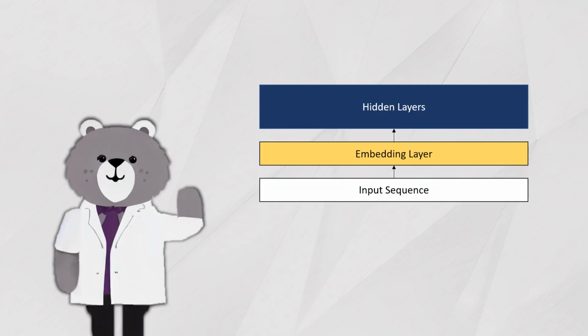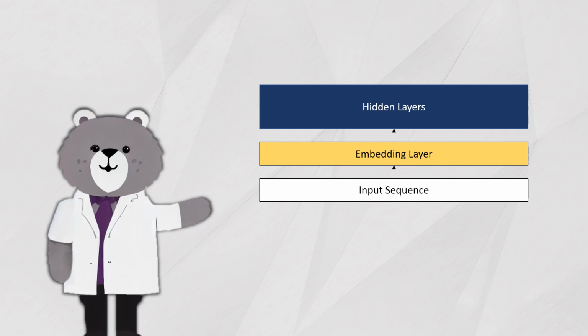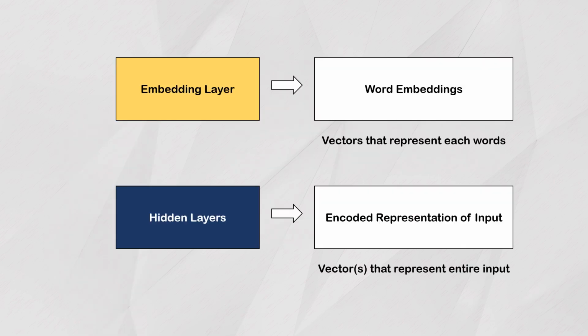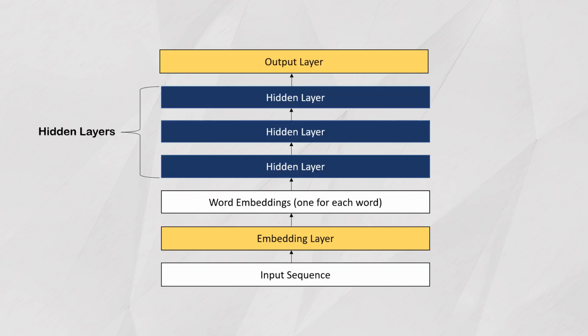The next component of a language model, after the model's embedding layer, is typically hidden layers. The hidden layers of a language model do the heavy lifting. These hidden layers serve the purpose of further encoding our input sequence to derive a more holistic representation of its meaning. Essentially, they encode the meaning of the entire input sequence rather than just a single word.